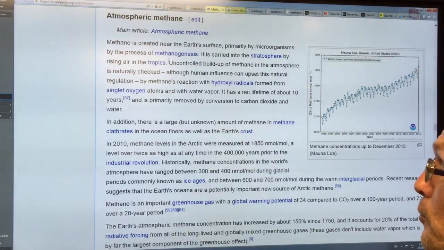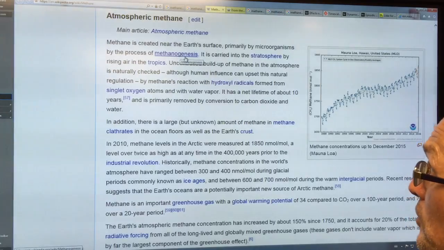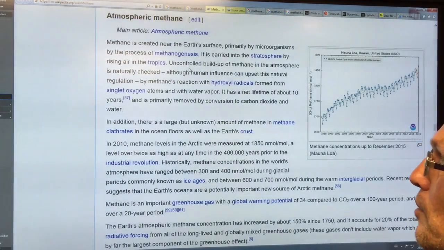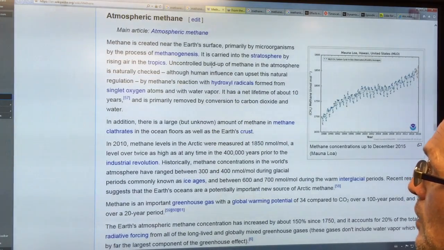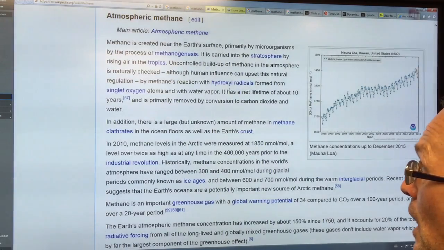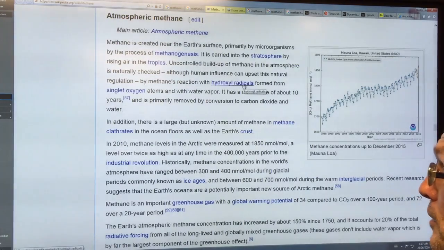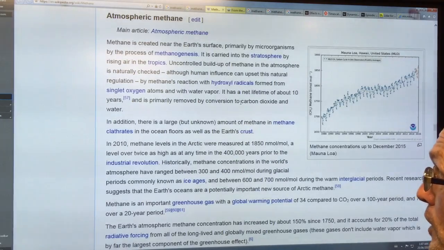The process is called methanogenesis. And then the methane is carried up into the stratosphere by rising air in the tropics. Most of it is in the lower atmosphere, which is the troposphere. What removes it from the atmosphere is OH radicals, known as hydroxyl radicals. So it's oxidized and therefore converted into CO2 and water and removed.